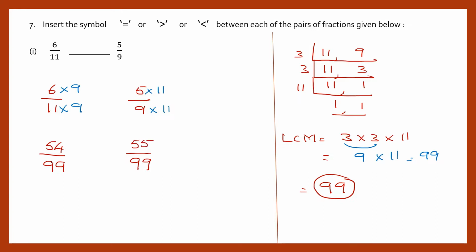So let's look at both the numerators now. The greater one is 55. So the symbol comes here, 55 is greater. So let's fill in the blank in the question: that is greater. So 5 by 9 is greater than 6 by 11.